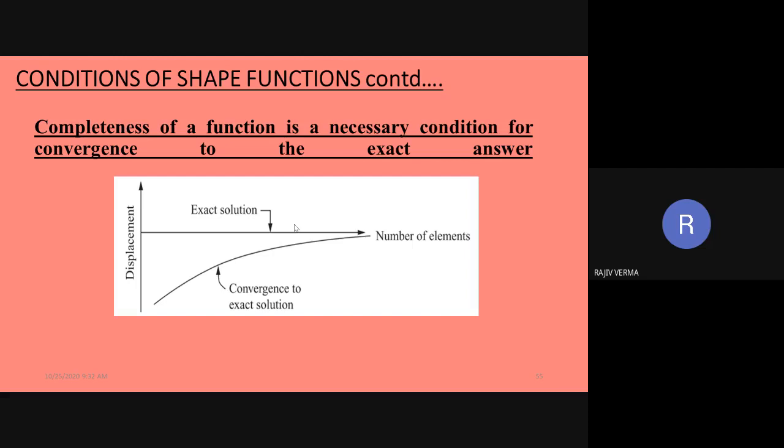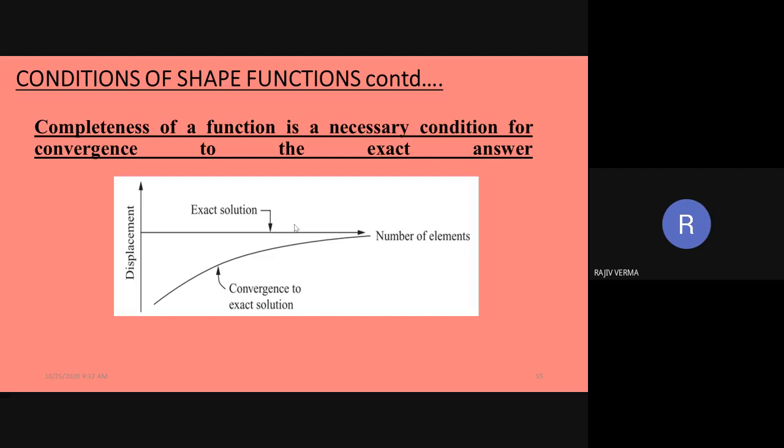It only gives you a solution which converges to the exact solution as the number of elements is increasing. And depending upon the application, whether the application happens to be critical or non-critical, you can actually define your acceptance level. You can actually define your tolerance.